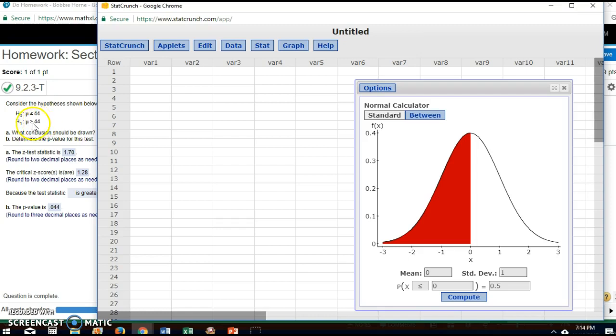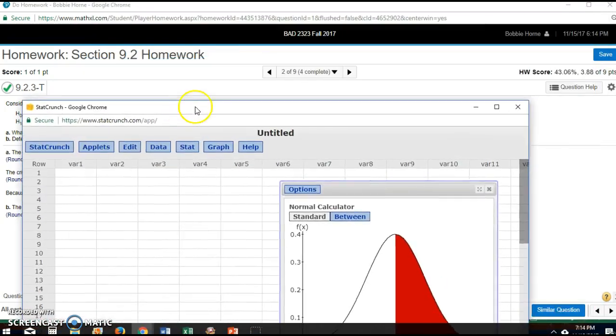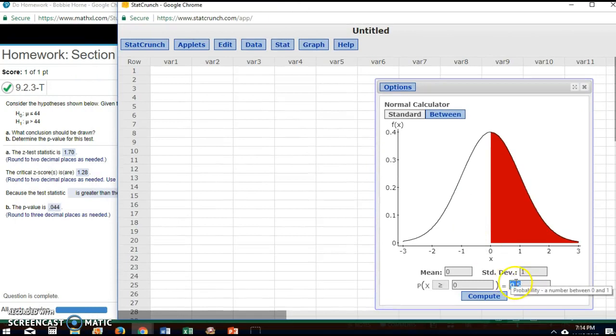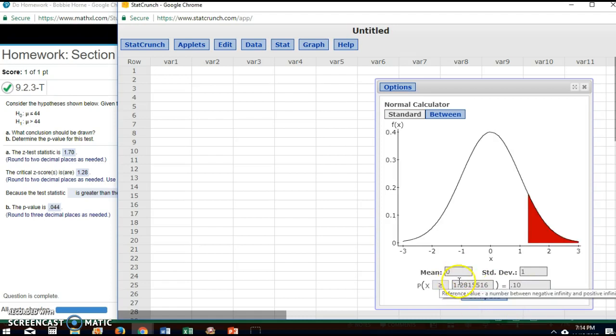So that's greater than 44, which is a right-tailed test. So I'm looking at the right side, and I know that alpha is 0.10, so we're kind of working backwards here. We want this to be 0.10, and if I hit compute, this right here will give me my critical z-score, which is 1.28.